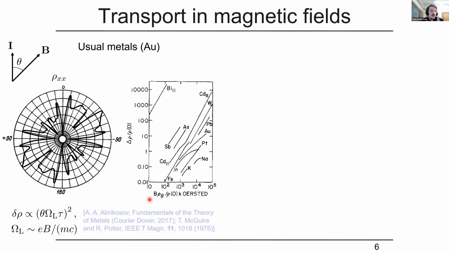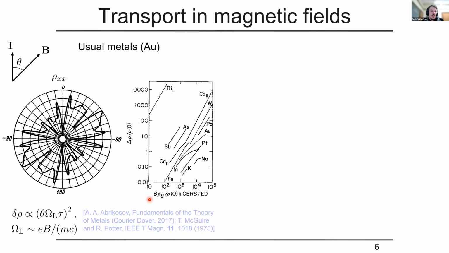But of course, if it is perpendicular to the applied current, there will be a Lorentz force, and usually it increases the orbits of electrons, and hence it leads to an increase of the resistivity.